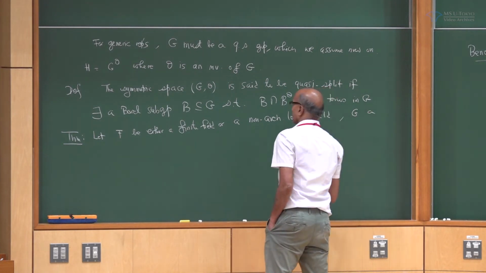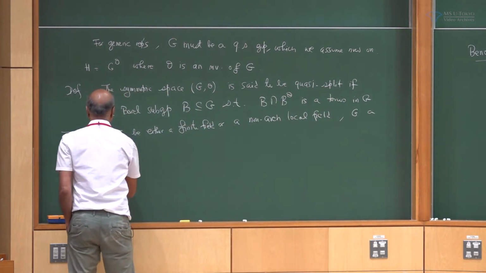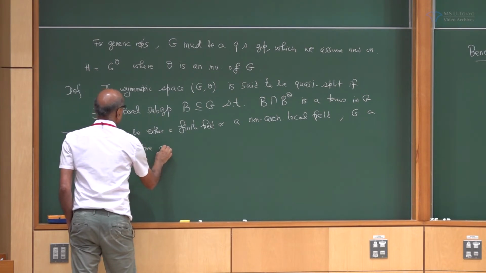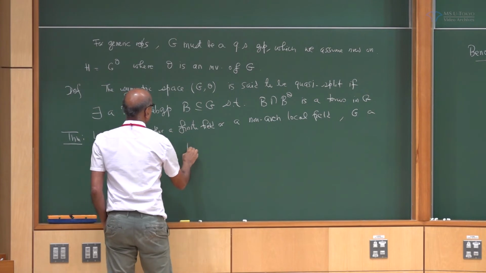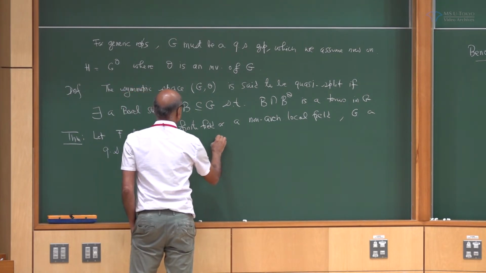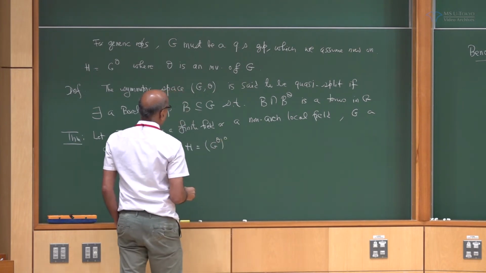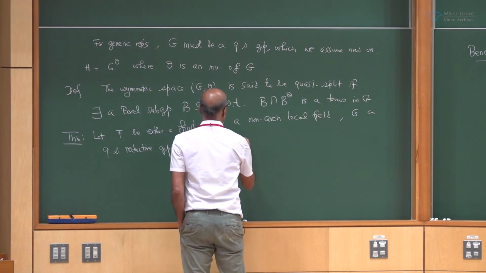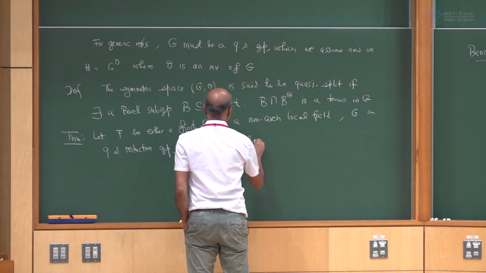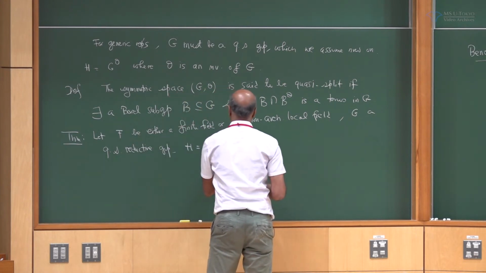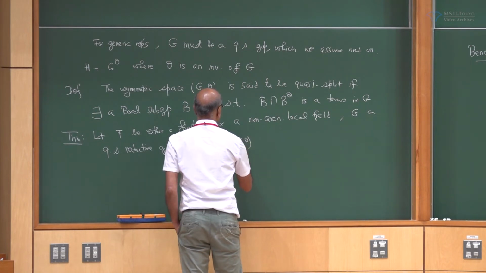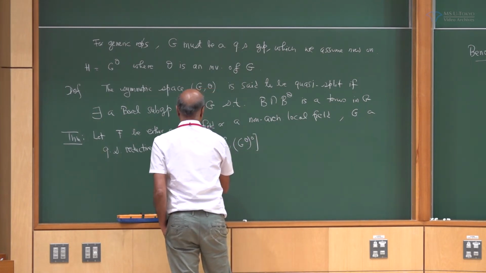G a quasi-split reductive group, H is equal to G theta naught, or in fact it could be also its derived subgroup. So it's a stronger theorem.